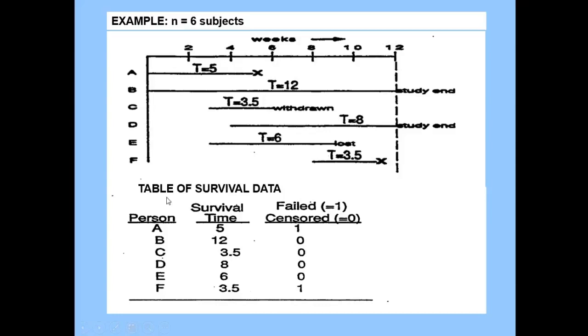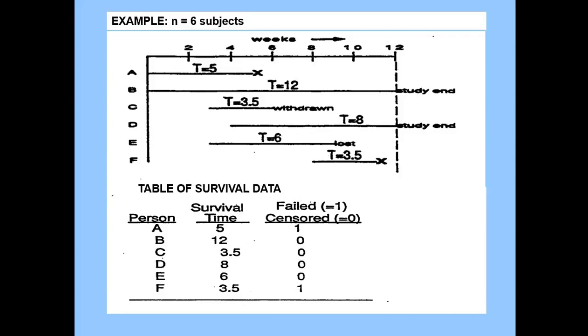We need to know that, but that's not enough. We're talking about survival. We also need to know whether they failed or whether they were censored. So we have another column over here that we have to put in. So when we're talking about survival analysis, there are 2 parts of the outcome: the survival time and whether or not they failed. They both have to be considered when you're trying to figure out what's going on.